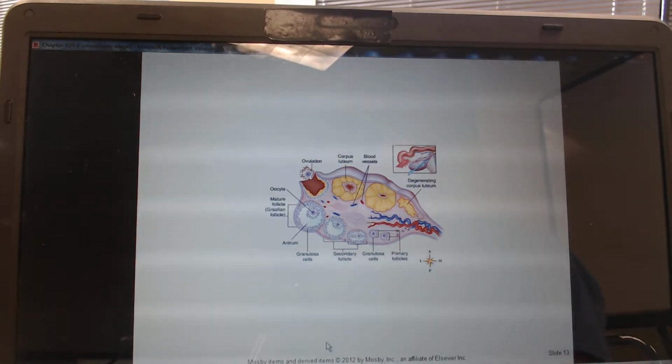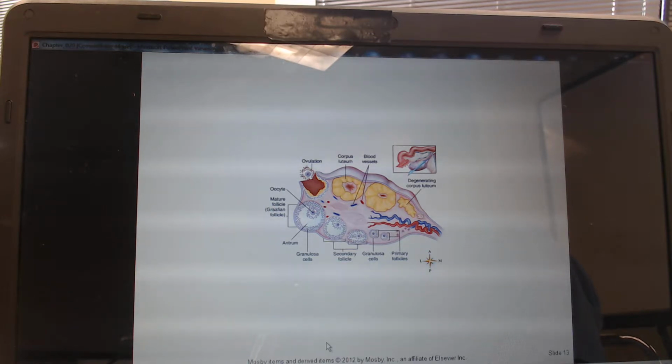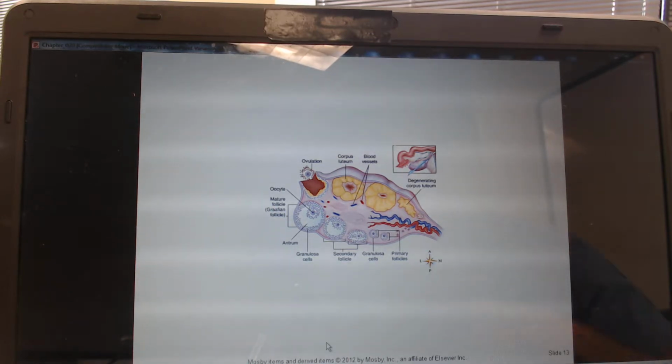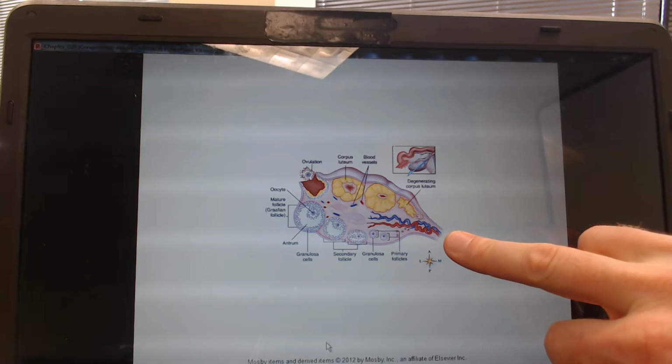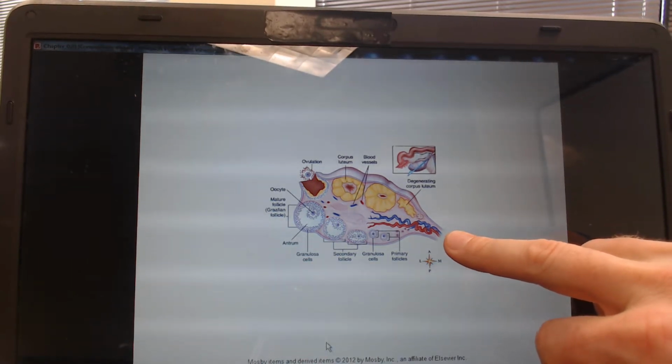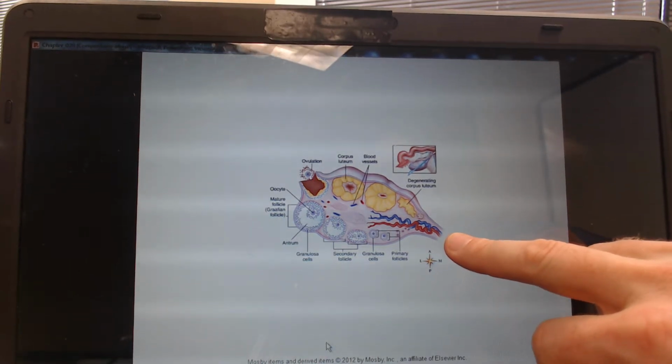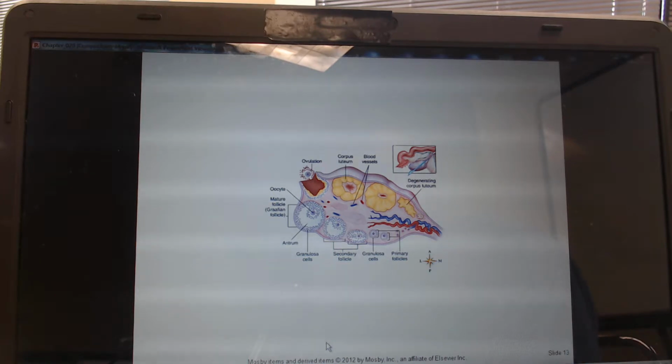This is the microscopic structure of the ovary, and here we can see that this is going to be the blood flow to the ovary. It's also going to be the connection to the womb itself.